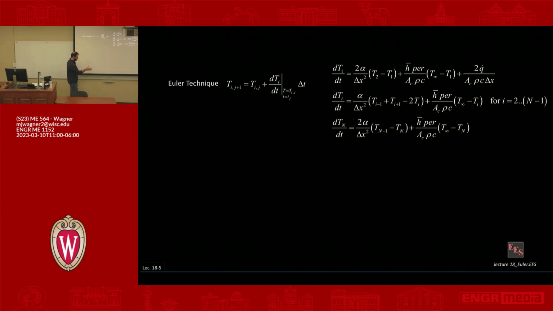So at the position I at the next time, j plus 1, is going to be calculated based on the current temperature at that position, plus the rate of change with respect to time for that position times delta t. All right, so stare at the indices and make sure they make sense to you, because that's really the complexity here. So Euler's technique is pretty similar.